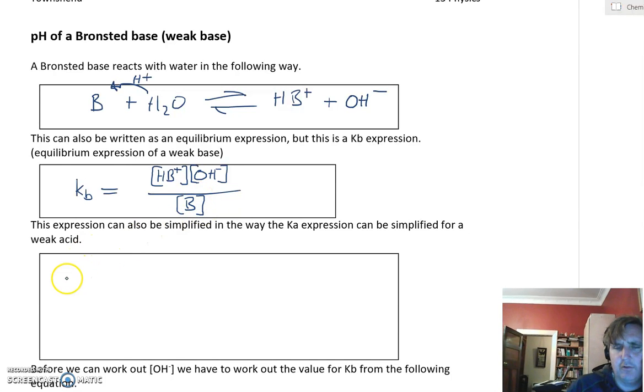And we can go through the same simplifying that we did with a weak acid. We can say, hey look, because every time the weak base reacts with water it produces the conjugate acid and the hydroxide, those concentrations are equal.